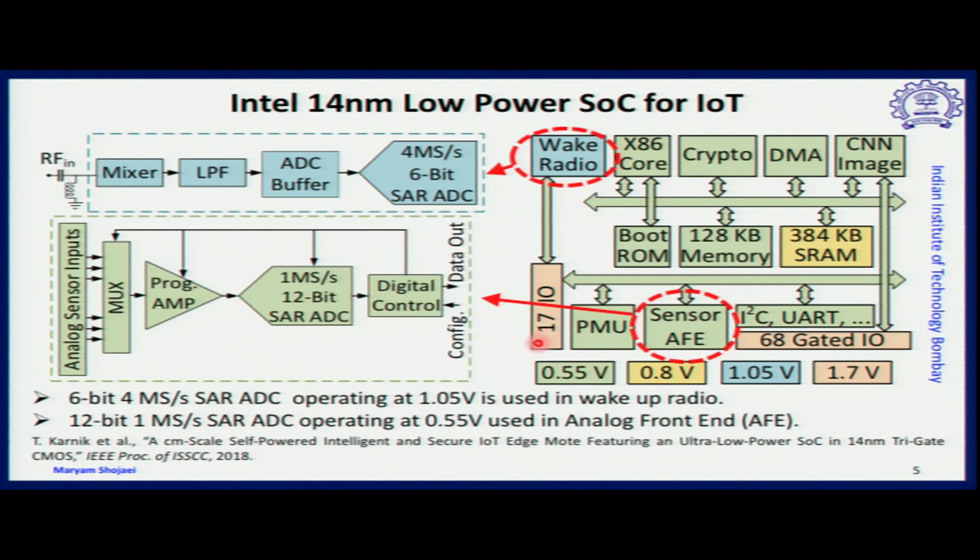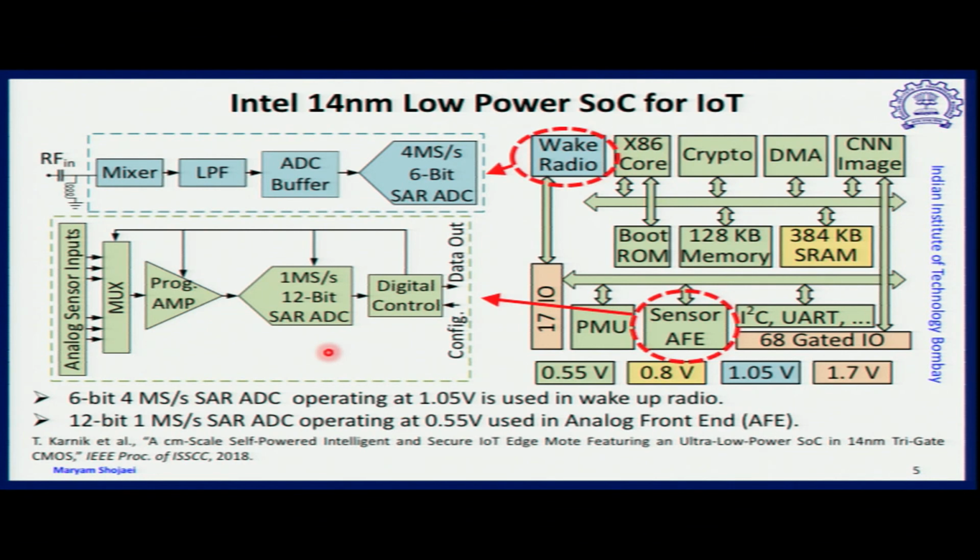I/O and gated I/O. The interesting point here is that the low supply voltage of 0.55 volt can also be used, and is used, for other parts of the circuit, which is eventually the sensor analog front end. That includes analog sensor interfacing, a programmable amplifier, and a 1 megasample per second 12-bit SAR ADC.